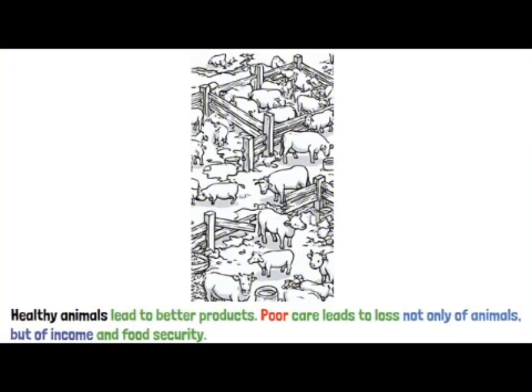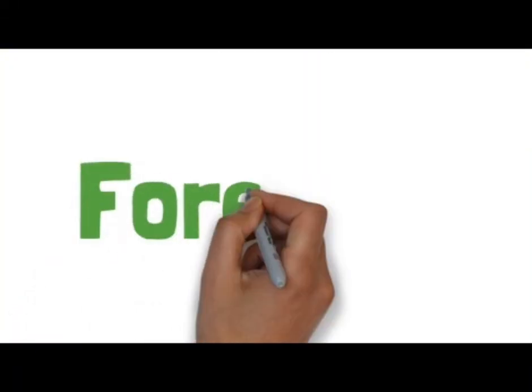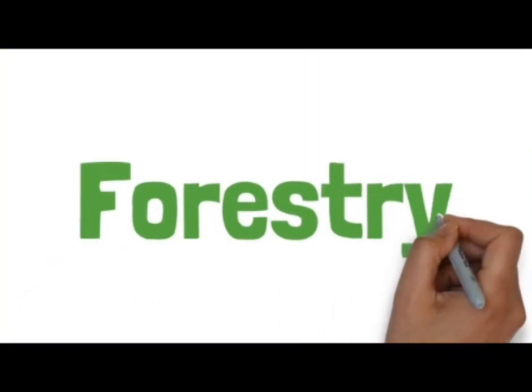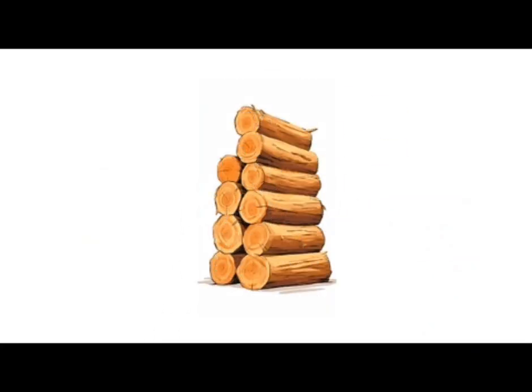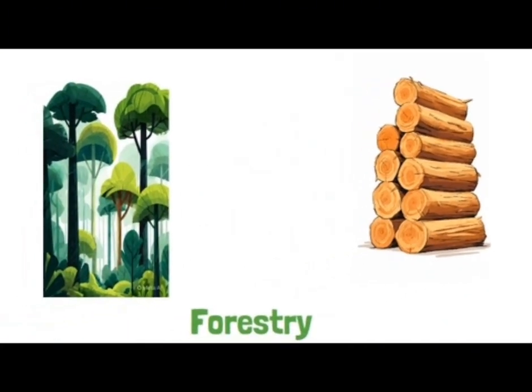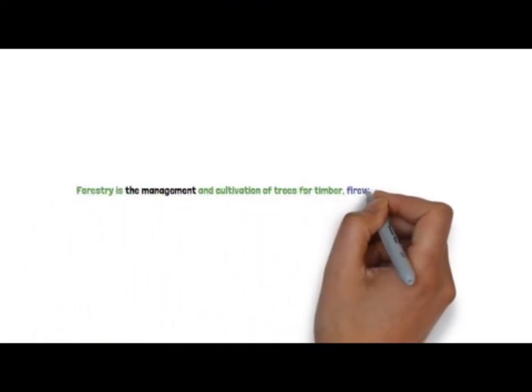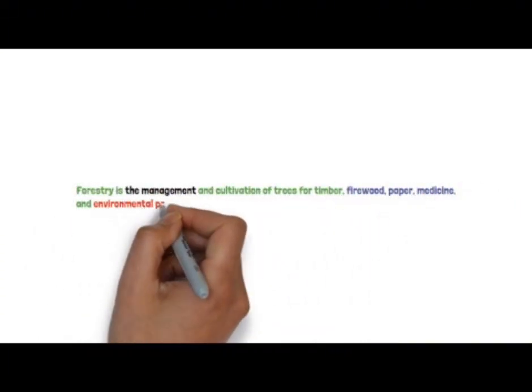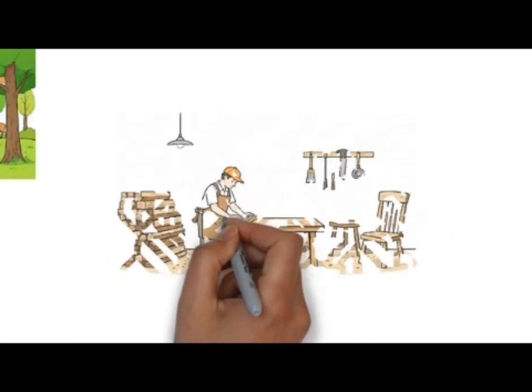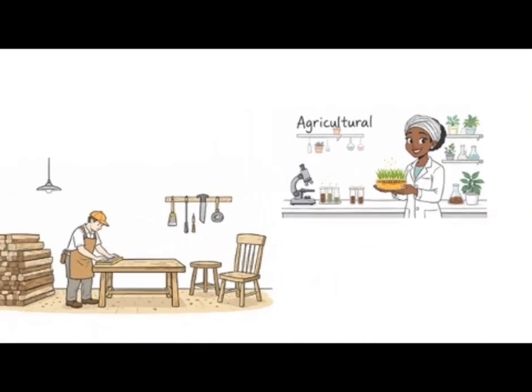From farming animals and crops, we now turn to the forests. Forestry is the management and cultivation of trees for timber, firewood, paper, medicine, and environmental protection. Forests are more than collections of trees.